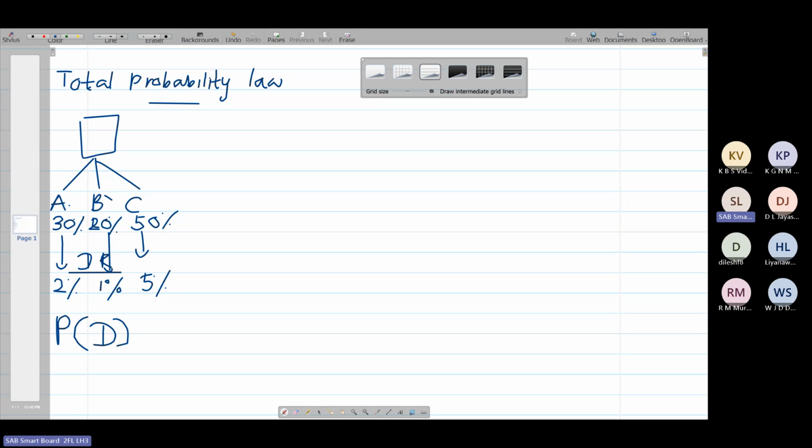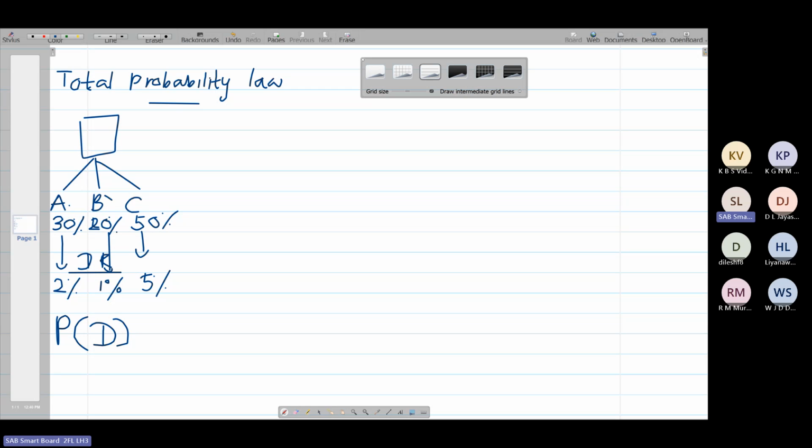This defective rate is common to all these 3 machines. Any product is produced using any machine, then finally we can check the defective rate. So the defective rate is common to these 3 events.